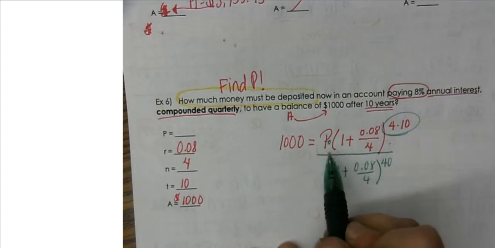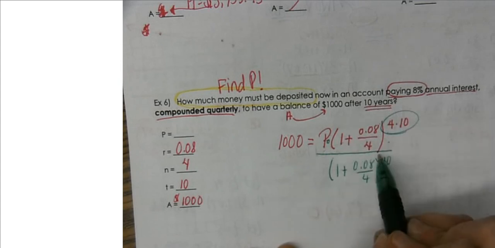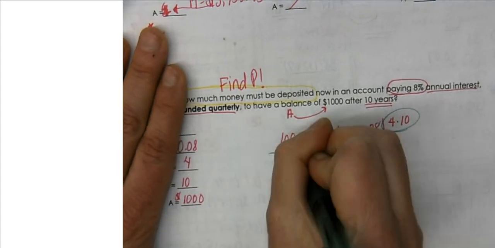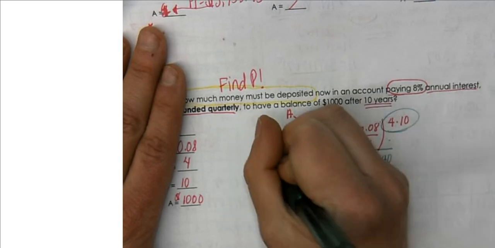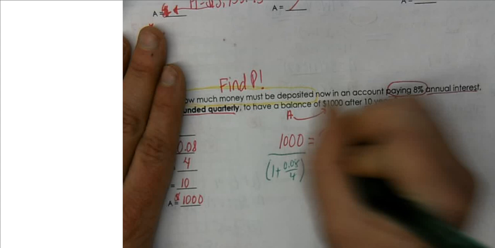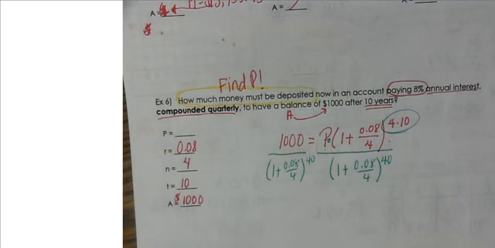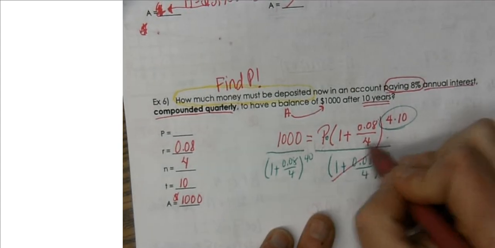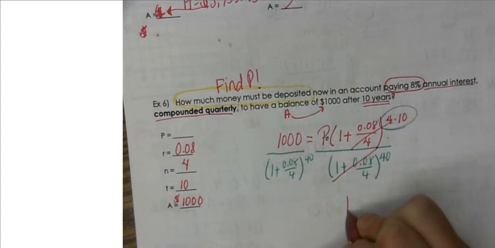So this is P times a crazy number, but this is just a single number, and we're just dividing both sides by that number. 1 plus 0.08 divided by 4 raised to the 40th power. So I'm just using my good math skills to recognize that now by doing this, these two numbers cancel away, leaving us with just P.